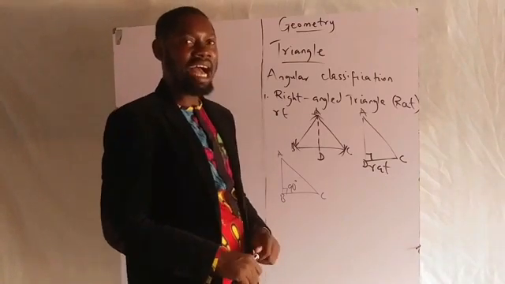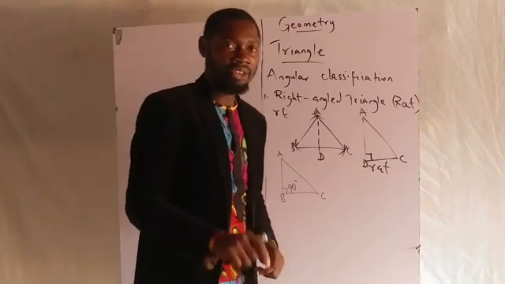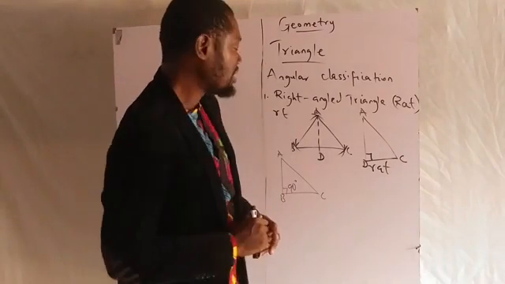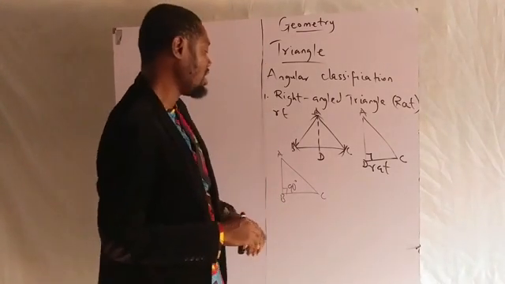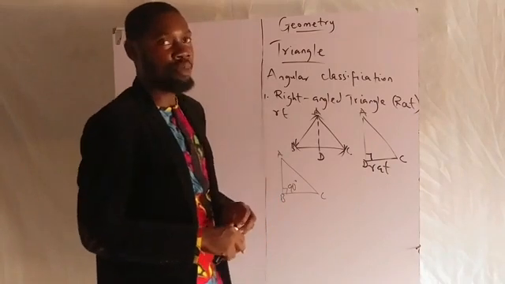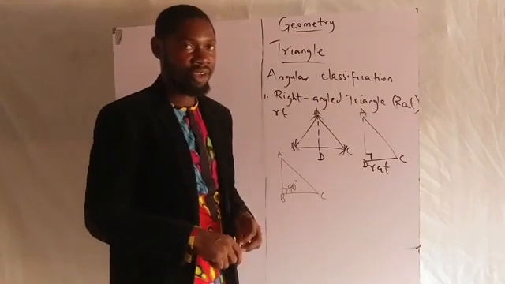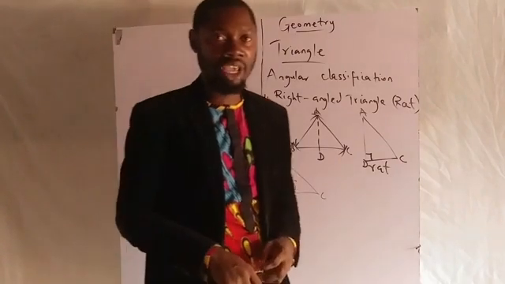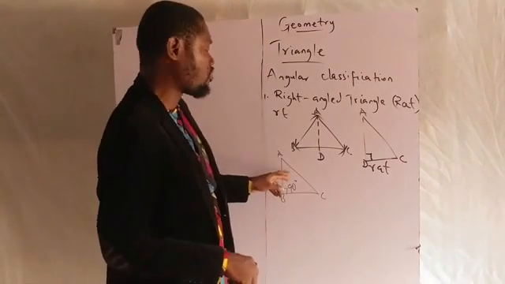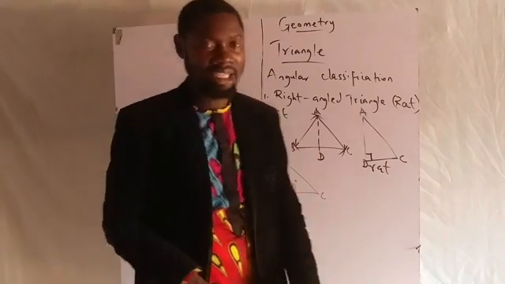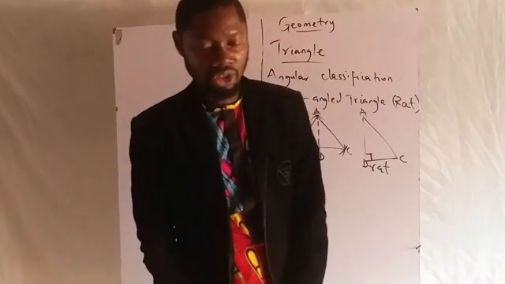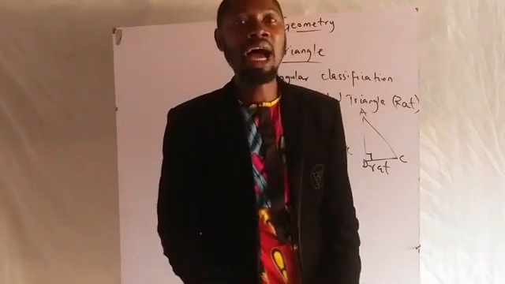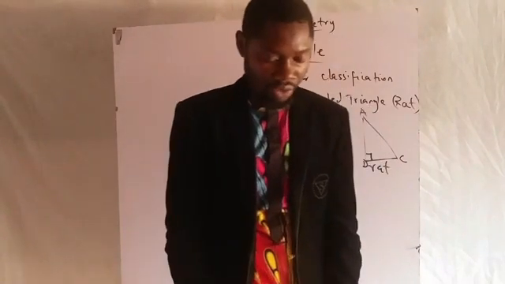A right angled triangle is a kind of triangle that has one of its interior angles to be 90 degrees. Because one of the interior angles is equal to 90 degrees, such a triangle is called a right angled triangle.